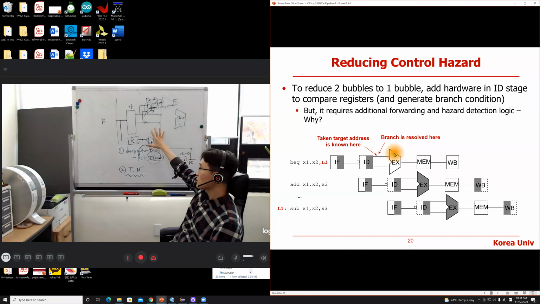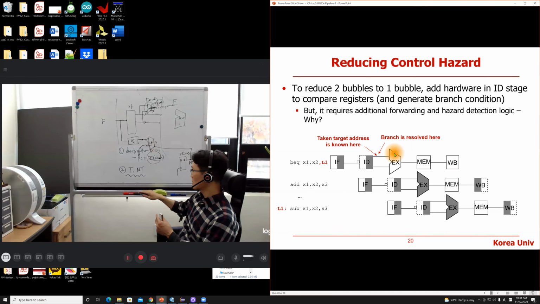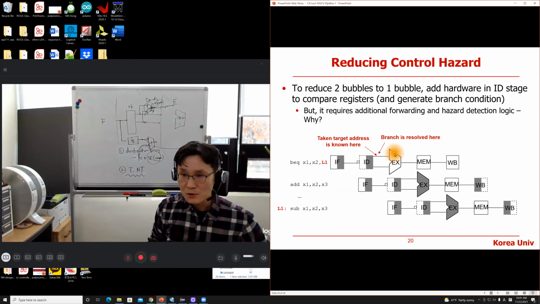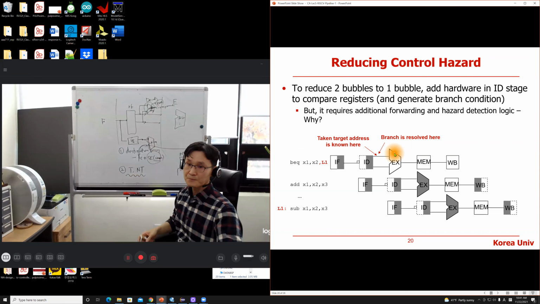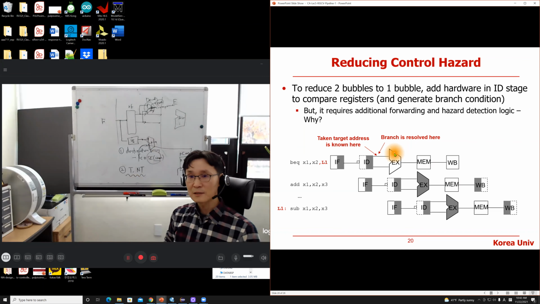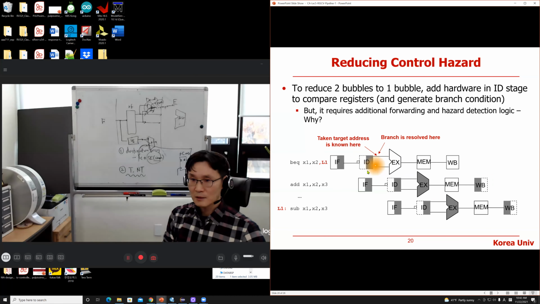So in decoding stage, you can do that branch resolution. If you invest some hardware, nothing is free. If you are able to resolve branch in decoding stage, then the pipeline execution diagram looks like this. Based on that taken, not taken decision, you fetch a new instruction.